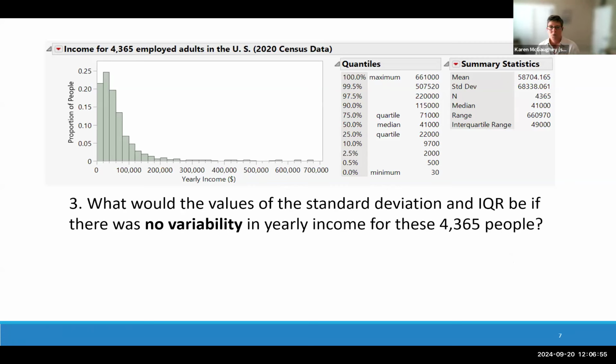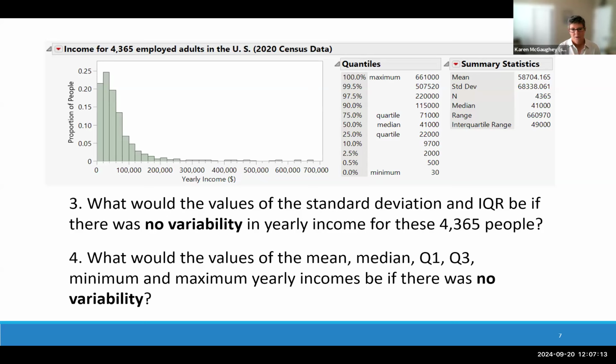And then a follow-up question, what would the values of the standard deviation and the IQR be if there was actually no variability in yearly income for these 4,000 people? And so that's, I think, a pretty straightforward question. The students should respond with 0. But this question maybe is a little bit more difficult.